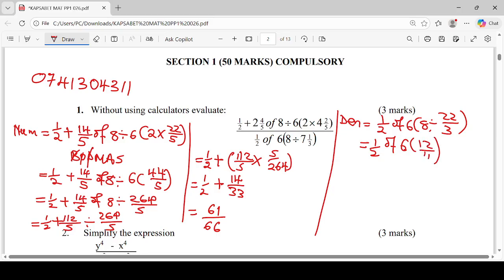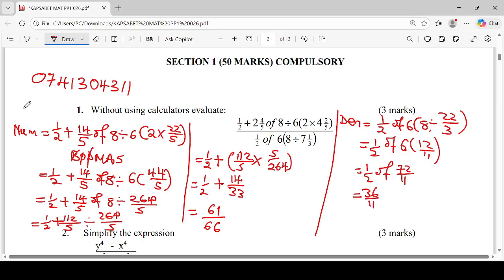So this will now become a half of, let's open the brackets. So 12 over 11 being multiplied by 6, that will be now 72 over 11. And now when you multiply that by a half, it should now become 36 over 11.